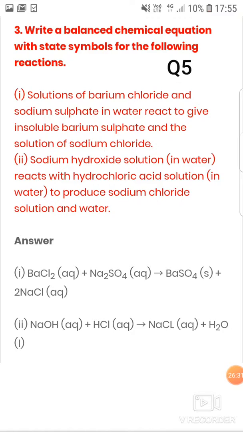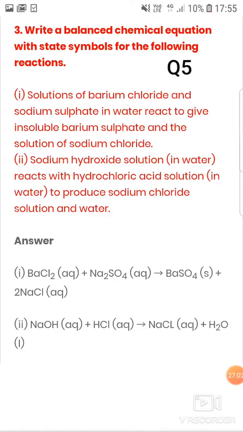So the first reaction is solution of barium chloride, that is BaCl2, plus sodium sulfate, Na2SO4, mixed in water, both are aqueous. The reactants will give insoluble barium sulfate, BaSO4.